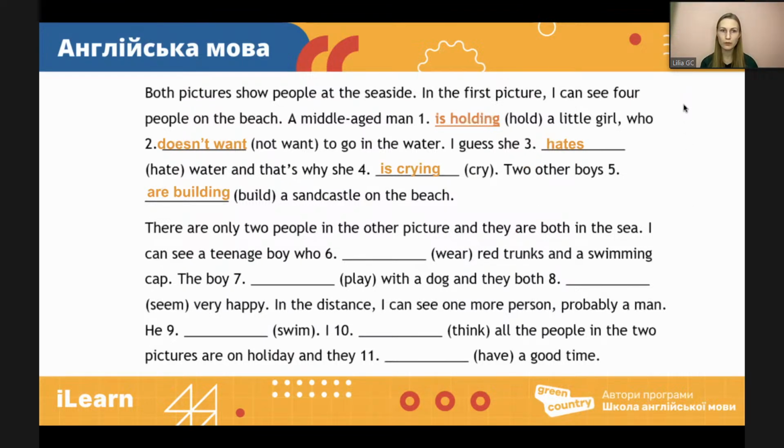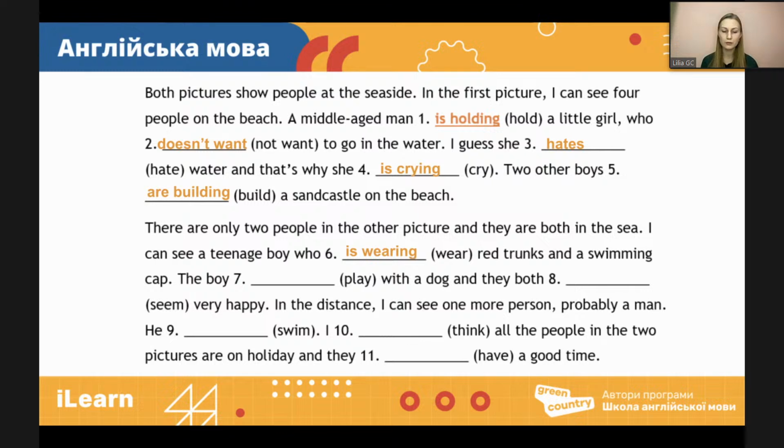Okay, let's keep moving. There are only 2 people in the other picture, and they are both at the sea. I can see a teenage boy who is wearing, like одягнений or носить активно in English, red trunks and a swimming cap.